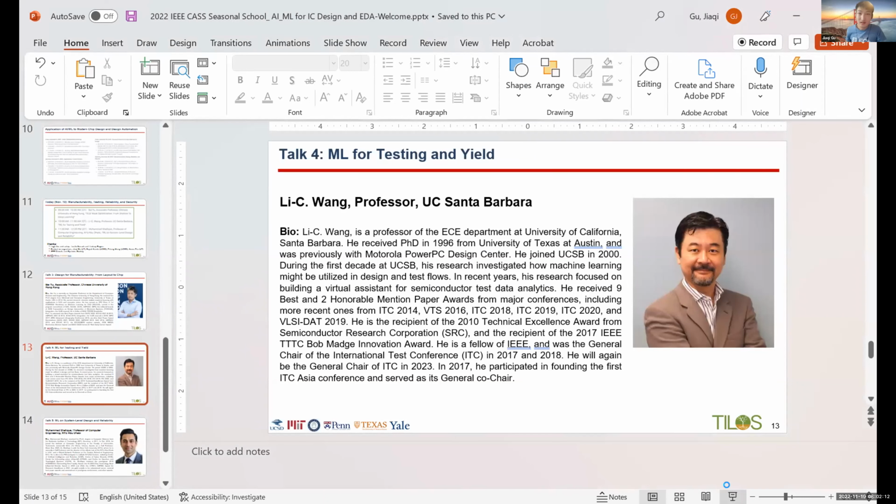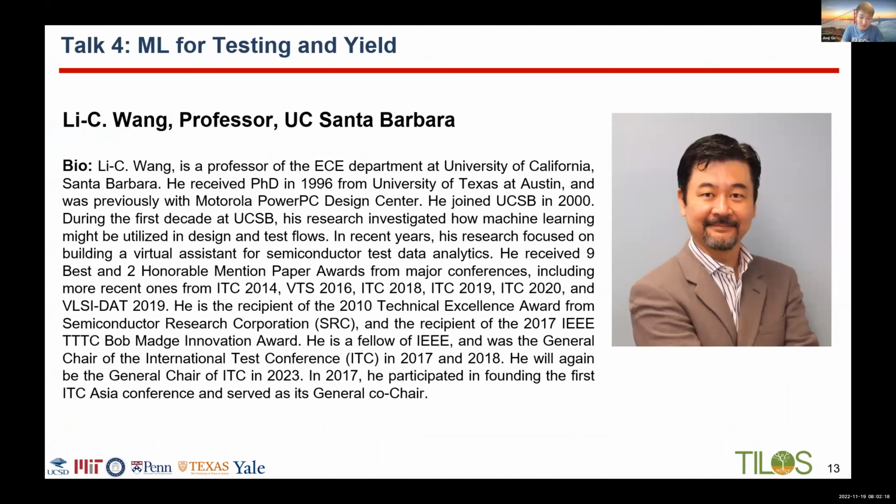Right now, our next speaker is Professor Wang, and I'm glad to have you with us today to give us a talk on machine learning for testing and yield. Professor Wang is currently a professor in the ECE department at UC Santa Barbara. He received his PhD in 1996 from UT Austin, and was previously with the Motorola PowerPC Design Center. He has worked on machine learning for design and test flow, and in recent years his research has focused on building a virtual assistant for semiconductor test data and analytics.